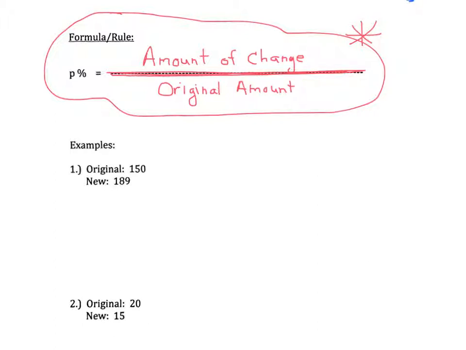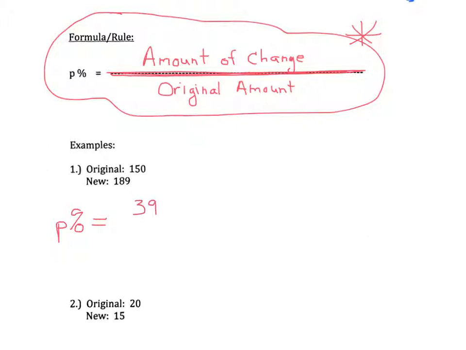So we use the formula. The percent of change is, first thing you do is find out how much did it change. So if it started at 150 and ends up at 189, how much did it change from 150 to 189? Isn't that a change of 39? Right?